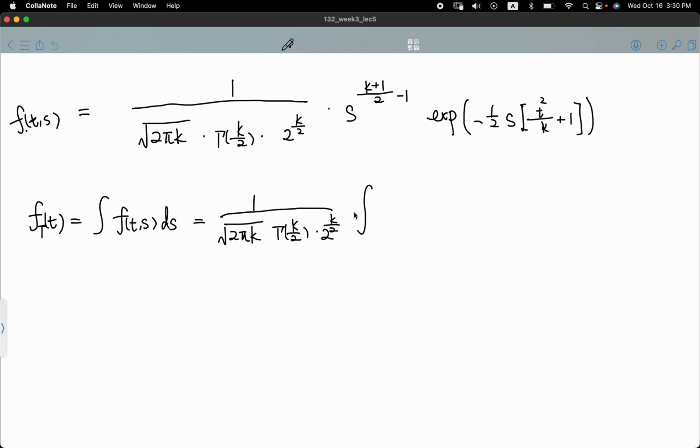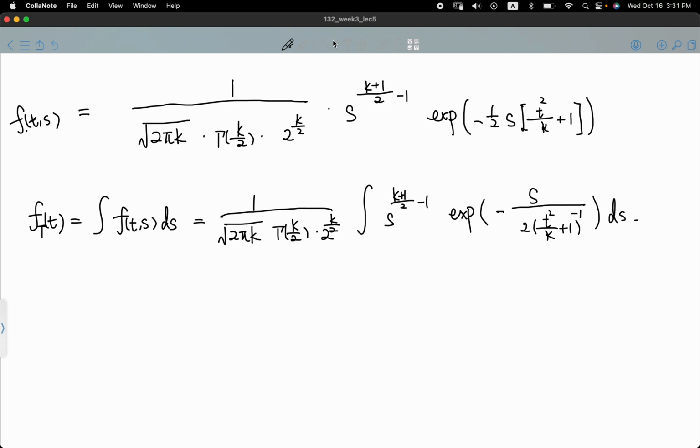Now integrate over s, s to the power of k plus 1 over 2 minus 1, exponential of negative s over, let me write it in this way, t squared over k plus 1 inverse, grouping that, ds.